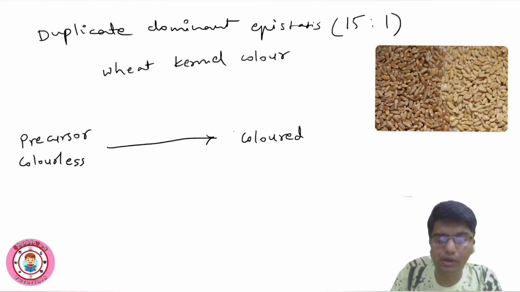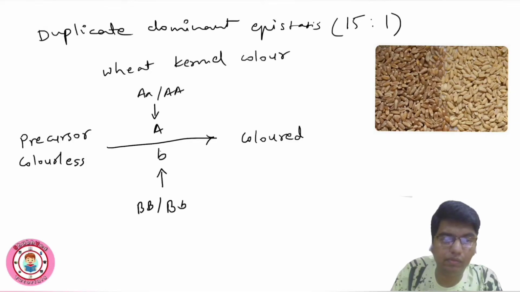What happens is, either of the genes, A or B, will give the color. Not both of these are compulsory; either A or B will give the color.